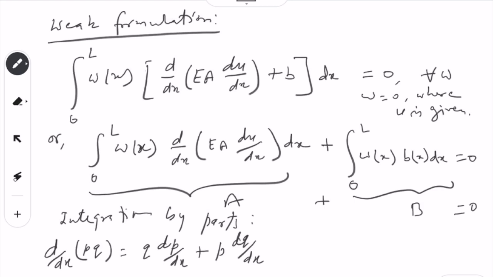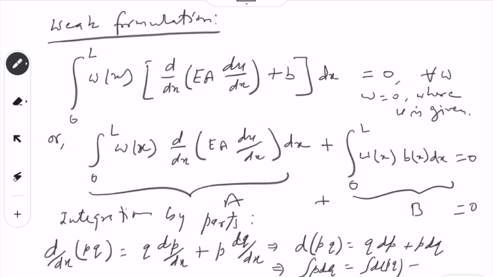Or simply d(pq) is equal to q dp plus p dq, and hence we can write in this form: integral of p dq is equal to integral of d(pq) minus integral of q dp.